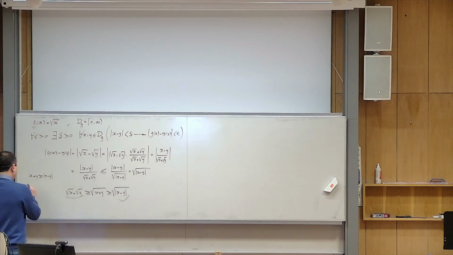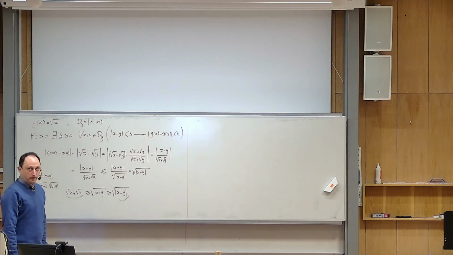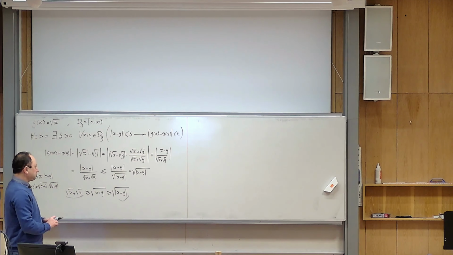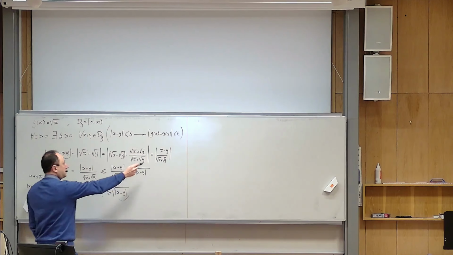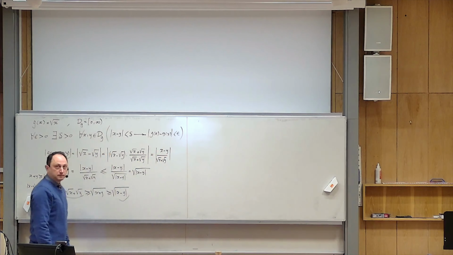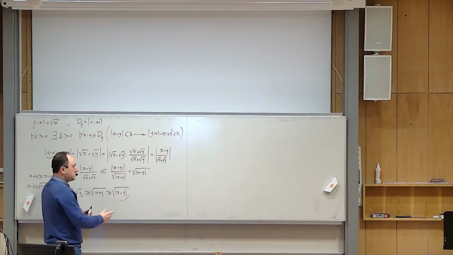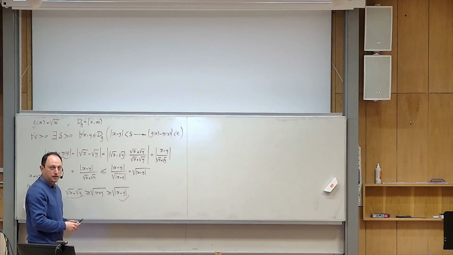Because, for example, you can write x minus y is equal to the square root of the absolute value of x minus y times the square root of the absolute value of x minus y. So one of them is canceled with the denominator, and I have this one. Okay, so after doing this polishing, you see that my goal, of course, is to make this less than the pre-assigned epsilon. But I am saying that if I succeed to make this one less than epsilon, I achieve the goal, yes?